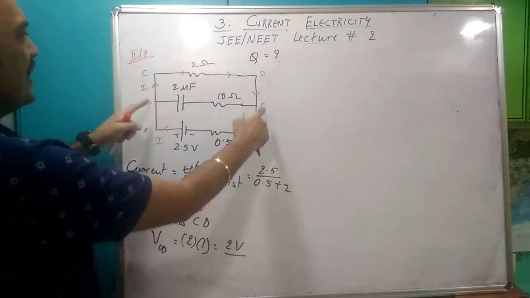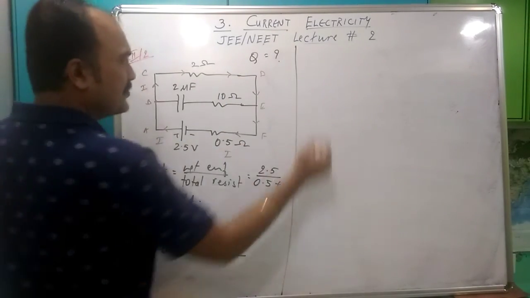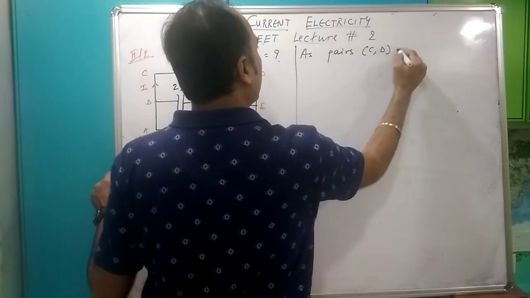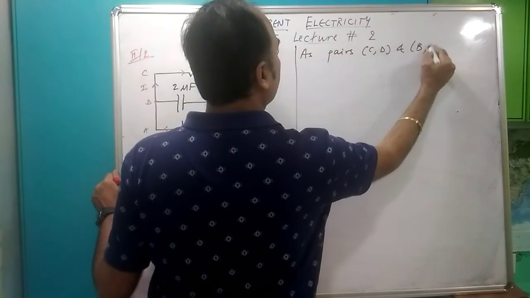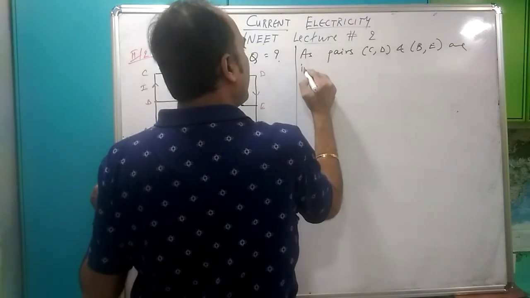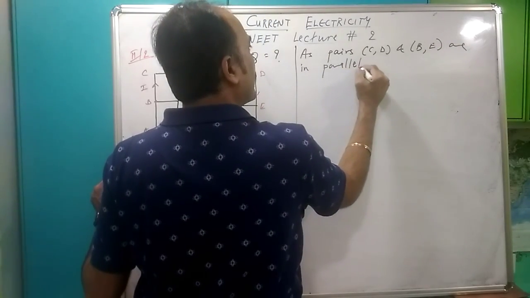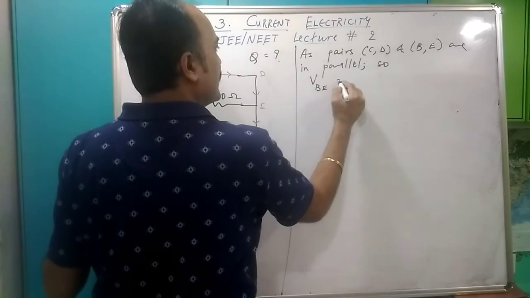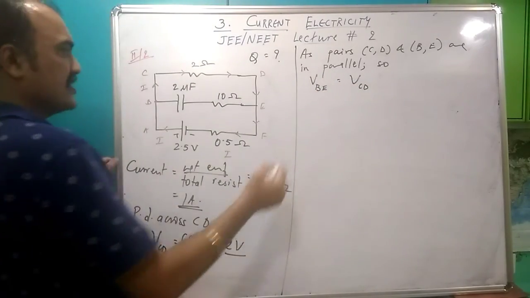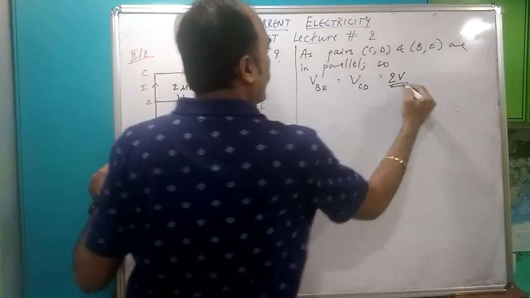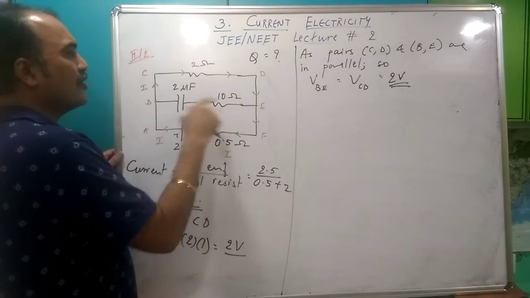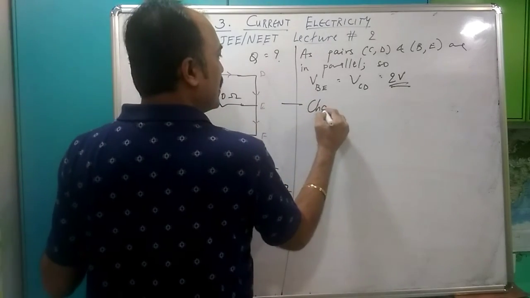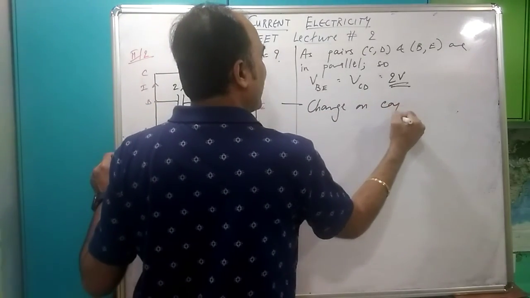Can you see point CD and point BE are in parallel, as pairs CD and BE are in parallel, so do you agree PD across them will be same, V_BE is same as V_CD which is 2 volt. और ये इससे मुझे कैपेसिटर के अक्रॉस, ये 10 ओम तो फिगर भी नहीं करता, ये BE के अक्रॉस PD मिल गया 2 वोल्ट.